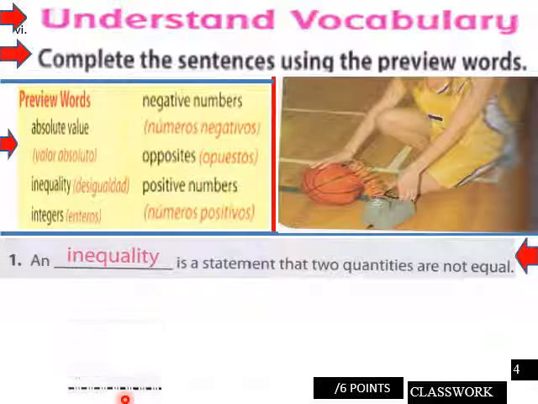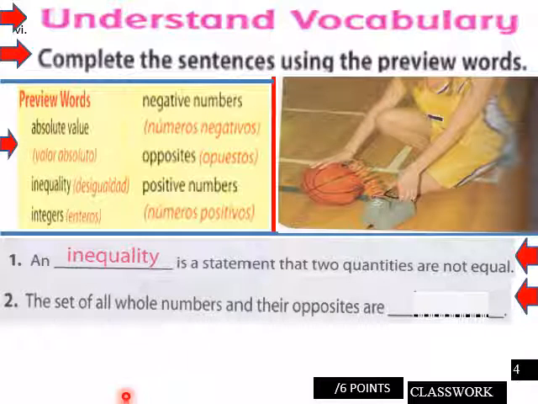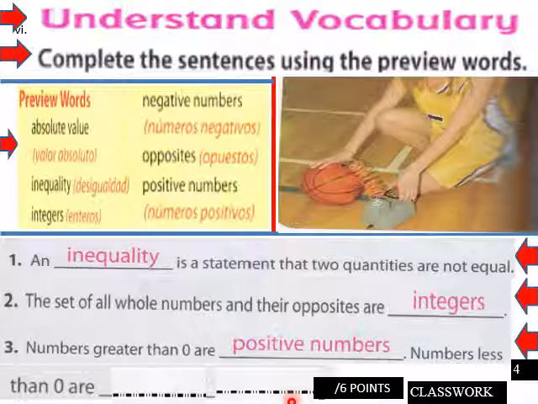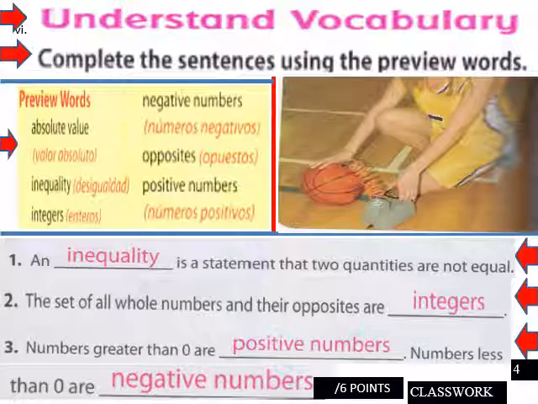Inequality. The set of whole numbers and opposites are blank, integers. Numbers greater than 0 are blank, positive. Numbers less than 0 are negative numbers.